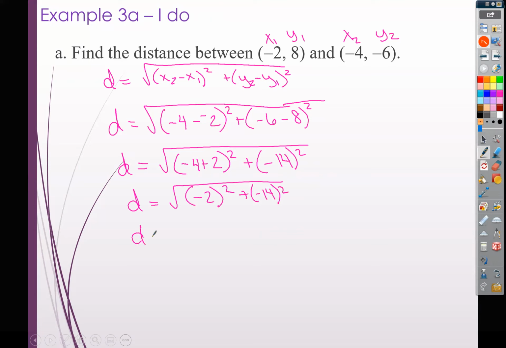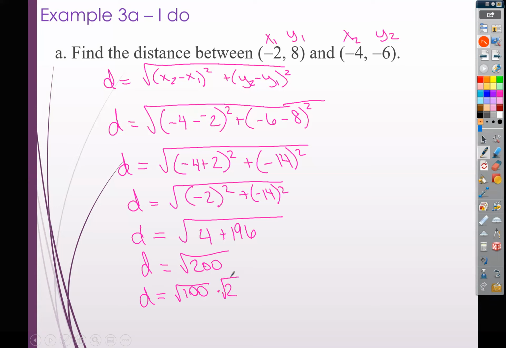Okay, so this would be 4 plus 196. So that's the distance of the square root of 200. So I can say that that's the same thing as 100 times 2, right? So I could say 10 square root of 2.